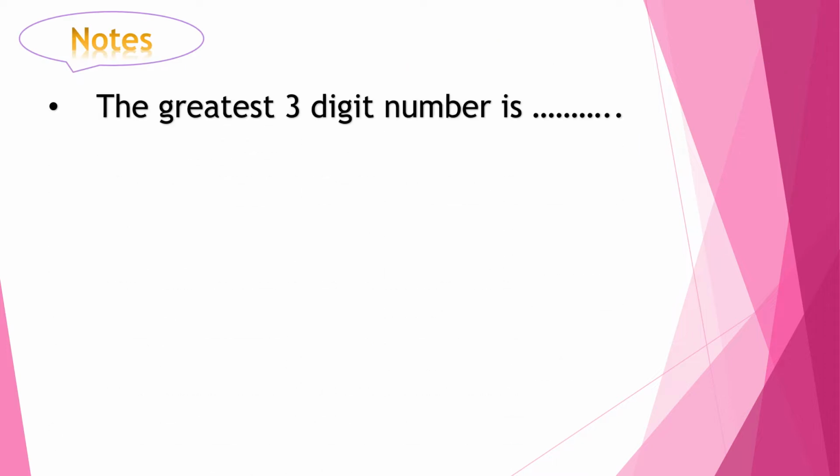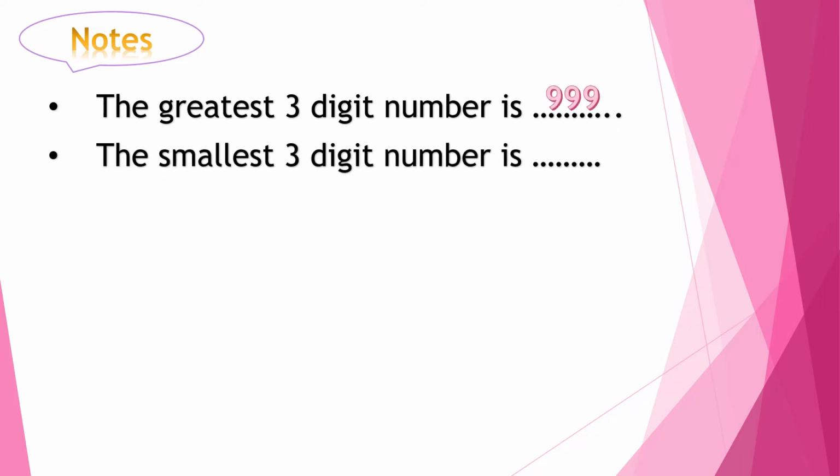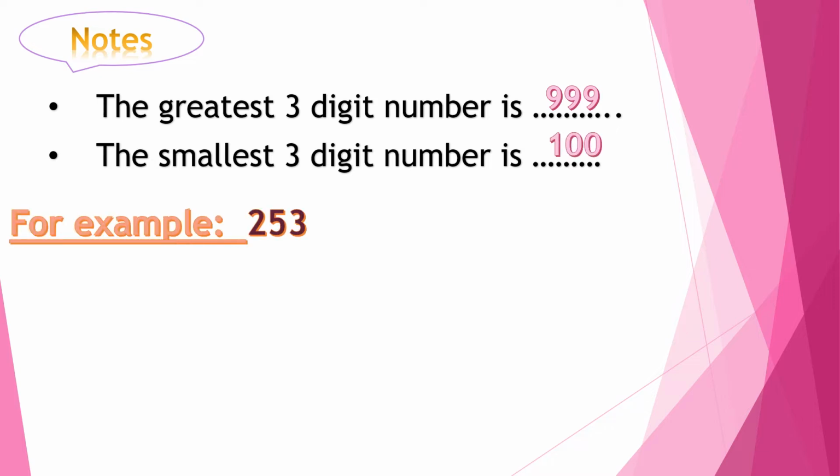We have some notes. The greatest 3-digit number is 999. The smallest 3-digit number is 100. For example, 253. Put the place above each digit: ones, tens, hundreds.